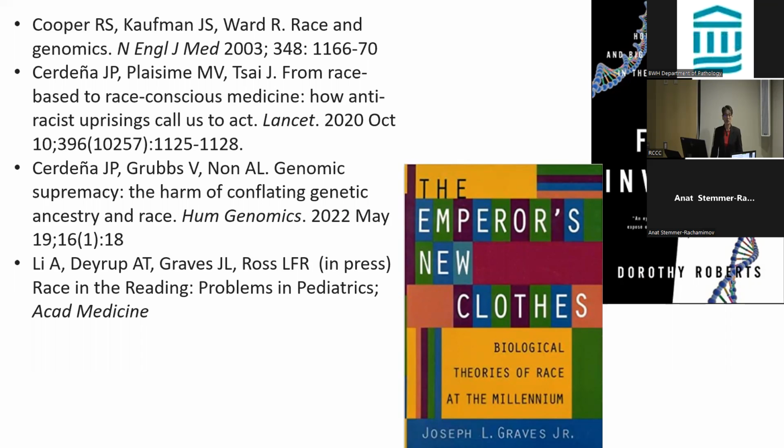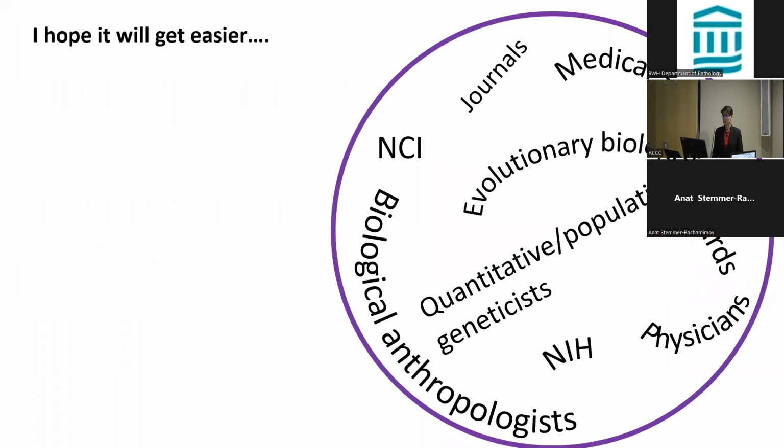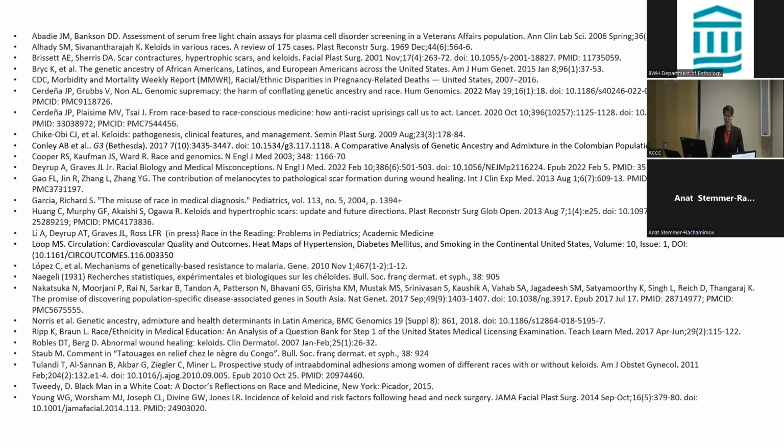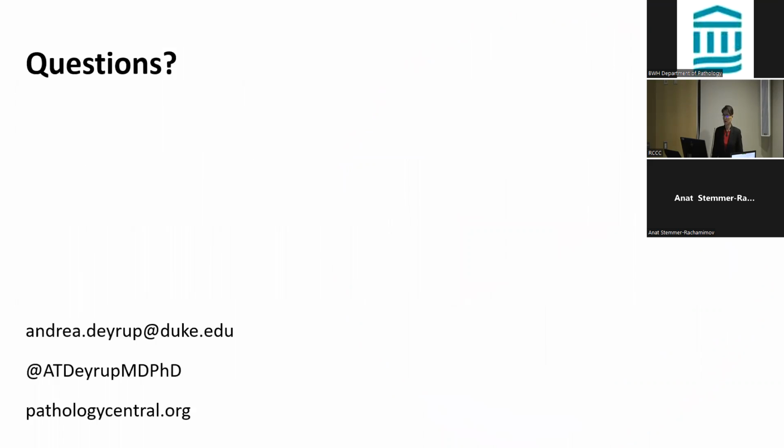In fact, chapters of this are required reading at Emory University School of Medicine. And although this is not Dr. Gray's most recent book, I think it is an excellent introduction to this way of thinking. I hope it will get easier and we will all be on the same page. This is my list of references, and I will take any questions. Thank you very much.